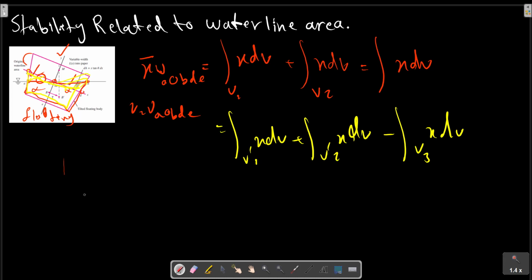So we can write the areas and calculation.